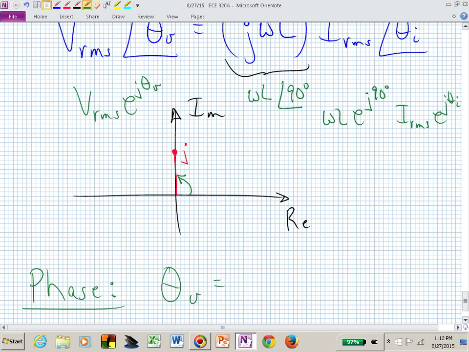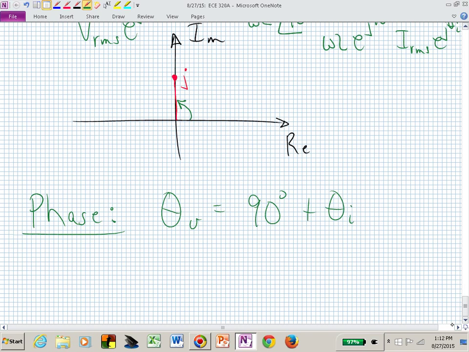How do we combine those phases or angles? They just add, don't they? Now theta sub V is going to be 90 degrees plus theta sub I. Our formula for average power was dealing with the difference between our voltage angle and the current angle.